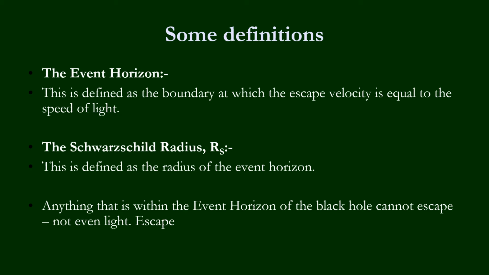So matter within the event horizon cannot escape. No signal can get out. And at the center of the black hole, we have a singularity where the density is infinite, so nothing can escape. And the Schwarzschild radius is the radius of the event horizon.